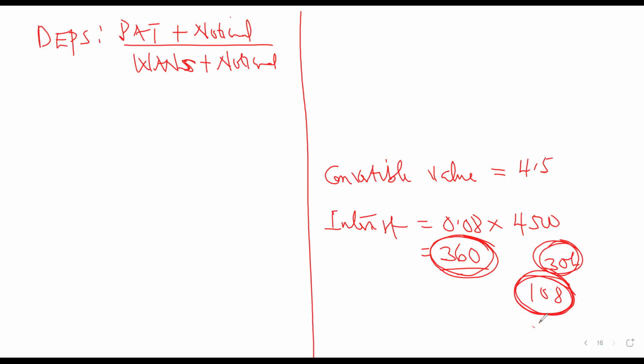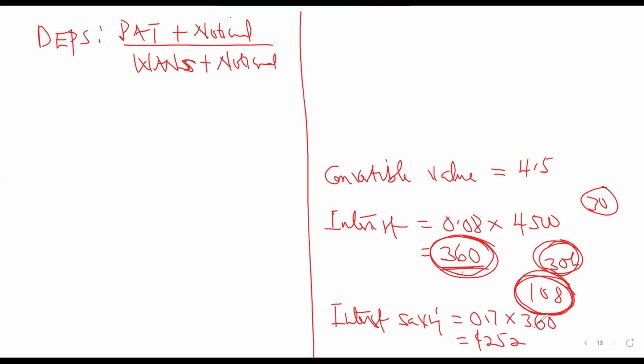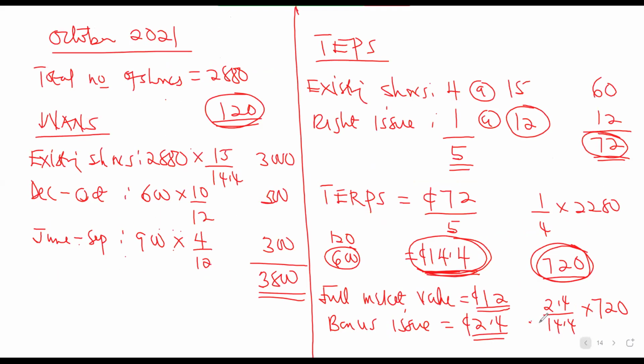That should be 252. The interest saving will always be the after-tax interest saving. If you are paying tax at 30% and you retain this, you are going to lose a tax benefit, so you only retain 70% of the 360, and that gives us 252. So we'll have interest savings of 252, which we add to our current profits.